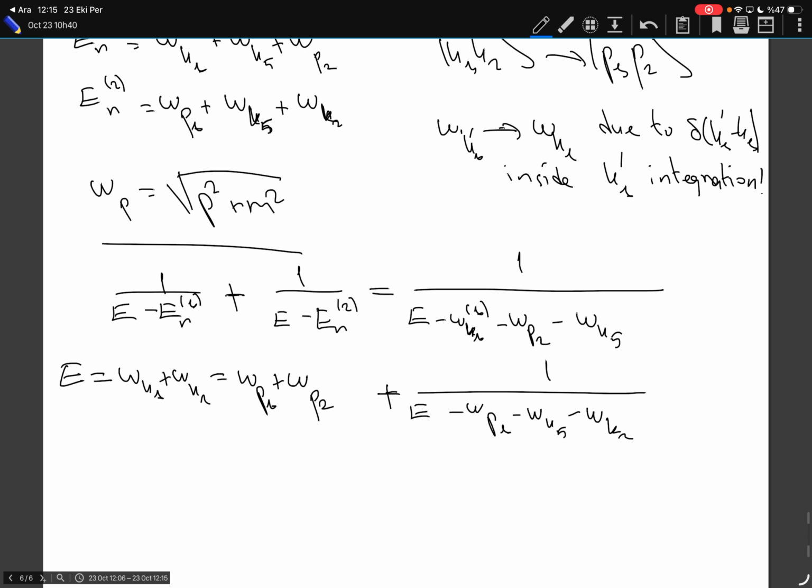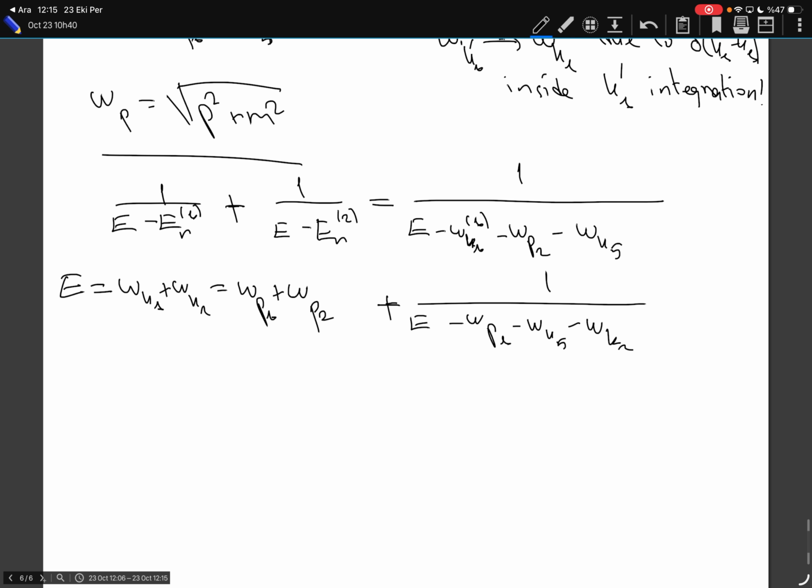Not at the intermediate states, but overall, the energy will be conserved. Well, let's see.